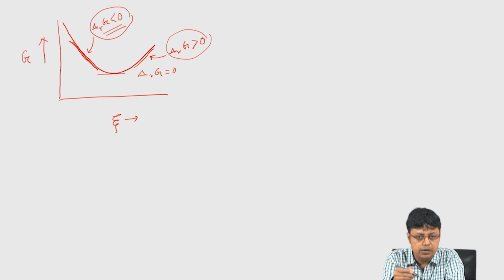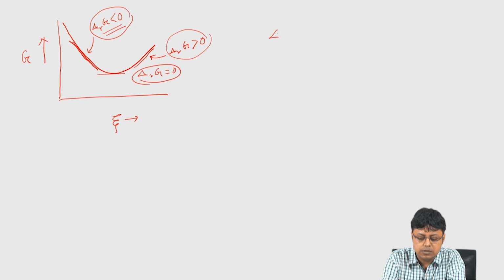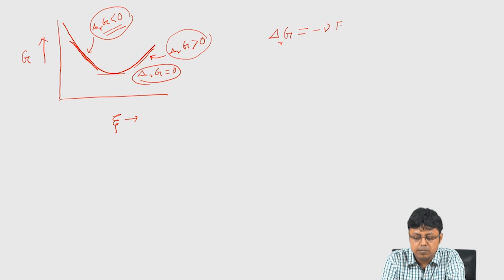That we already discussed, but now we can also discuss it in terms of the electromotive force or the potential drop, which we wrote as minus nu F E. Here nu is constant for a particular reaction, and F is also constant.